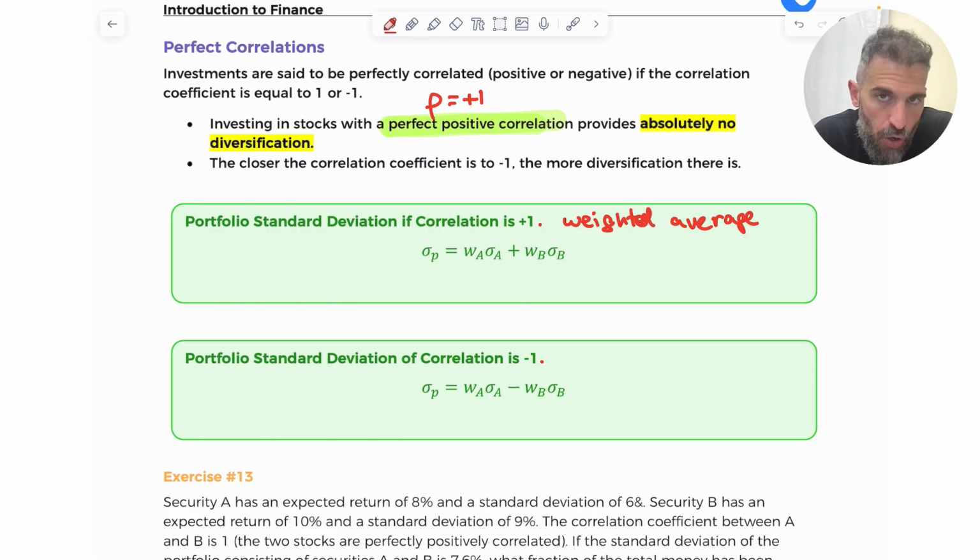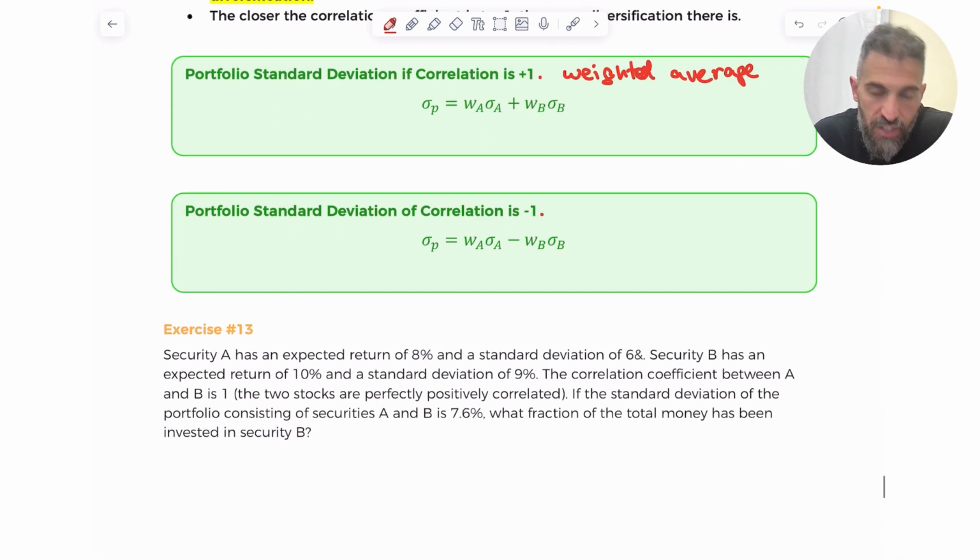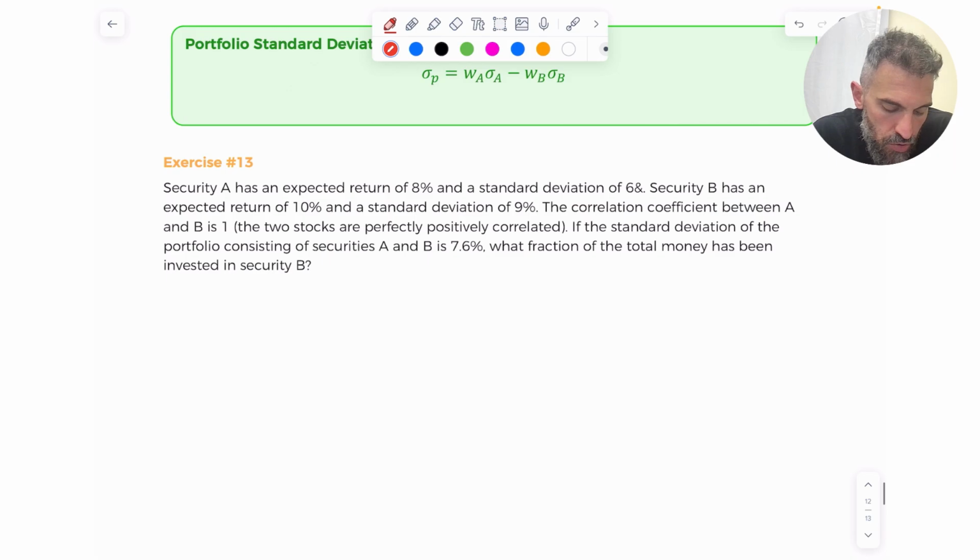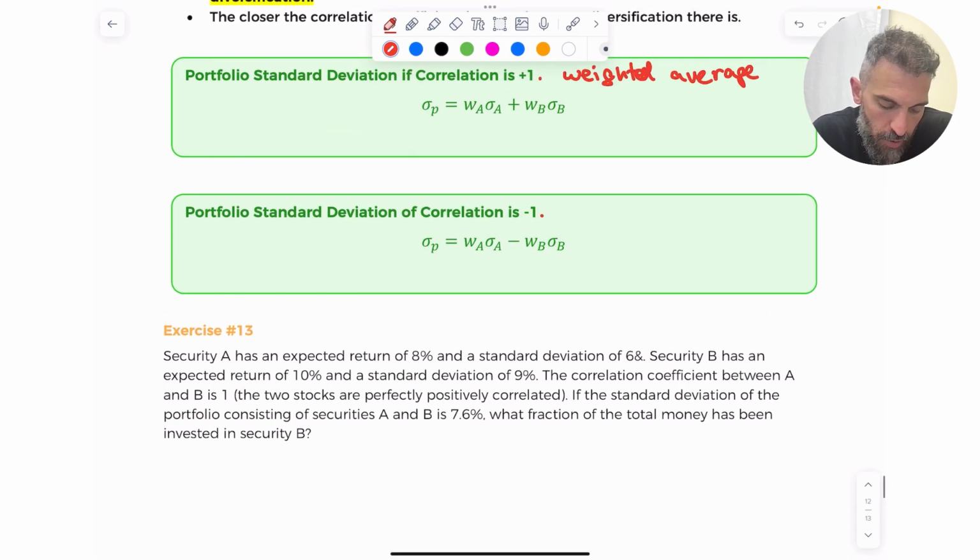In any other case, it's not. But when they have a perfect positive correlation, it is. When it's a perfect negative, it's the same formula. You take the weight of A times the standard deviation of A, but you subtract it, so it's the difference. So I want to solve this exercise here, which is going to use this formula.